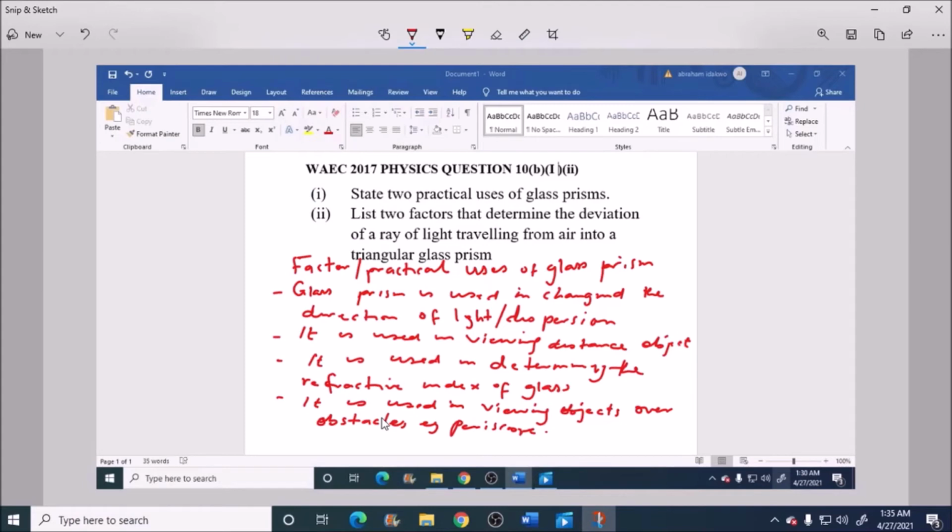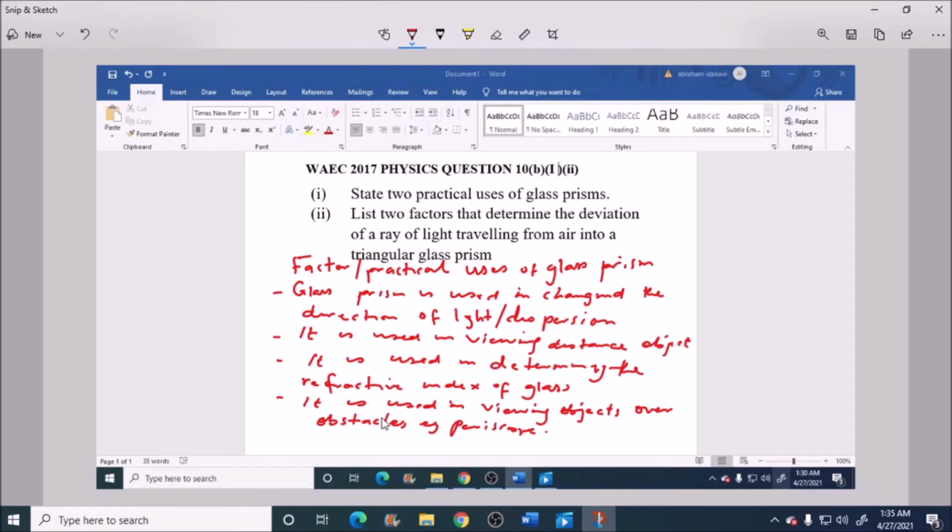Then number 3, we have the refracting angle of the prism.